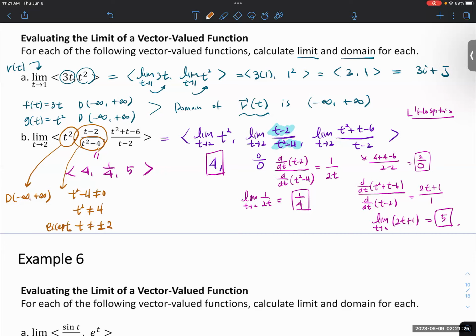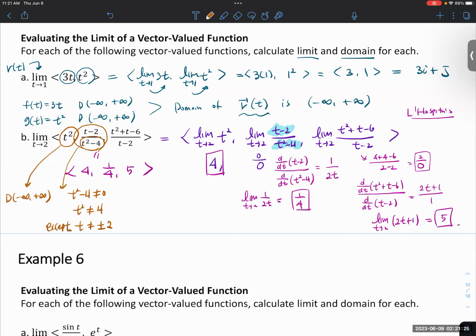So what is your answer? We have the whole domain, except minus 2 and plus 2. They are the problem, so you cannot include them, because these are my exceptions. So the domain will be all real numbers except plus or minus 2.